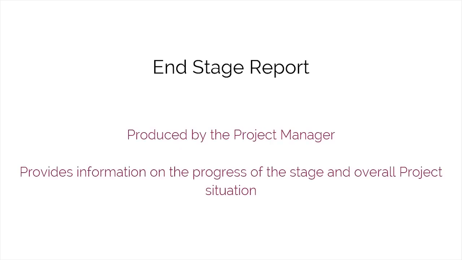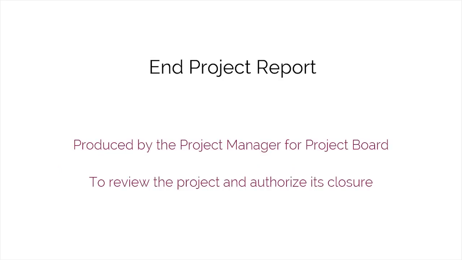The end stage report, which is produced by the project manager towards the end of each management stage, providing the project board with information on progress of the stage and overall project situation. And the end project report is produced by the project manager for the project board to review the project and authorize its closure. A lessons report is included as part of the end project report.